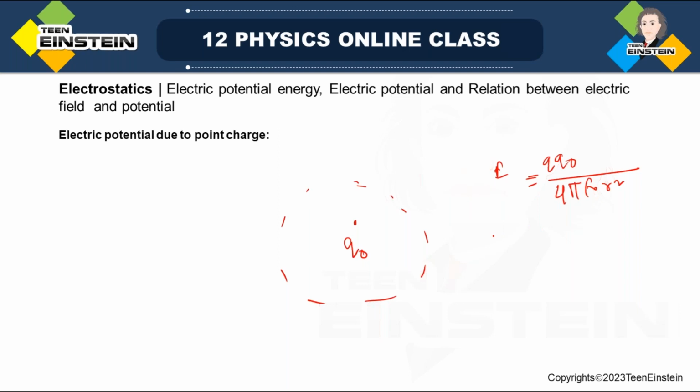Then electric field strength we got like this, E by Q0 we got this. So similarly here also, if we find out the potential, then you have to just multiply.